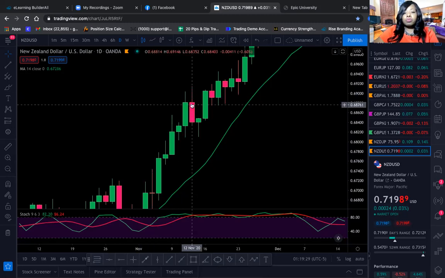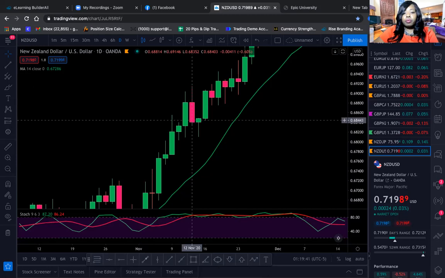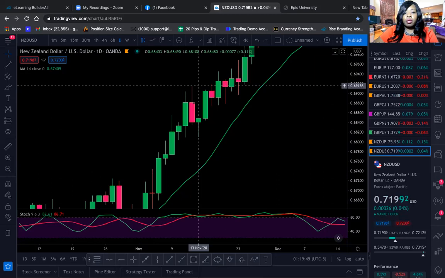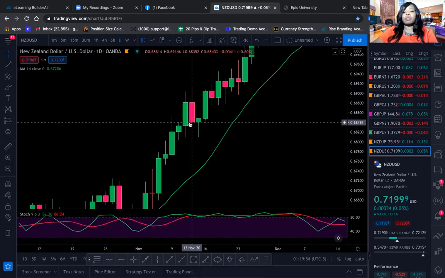Sale candles, these red candles, however, okay, price closed at the top here on this green candle previous to it. It opened here. It went up, right? And it came back down. It went down a little bit, and then it came back up and it closed here at the bottom, right?